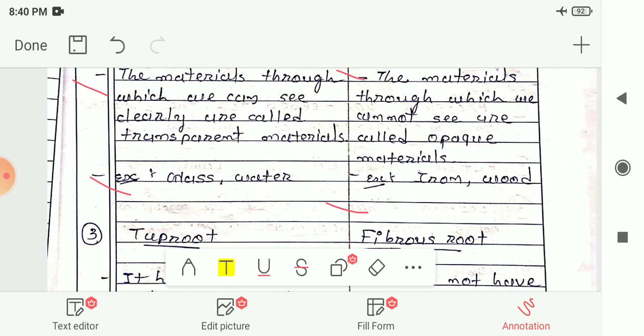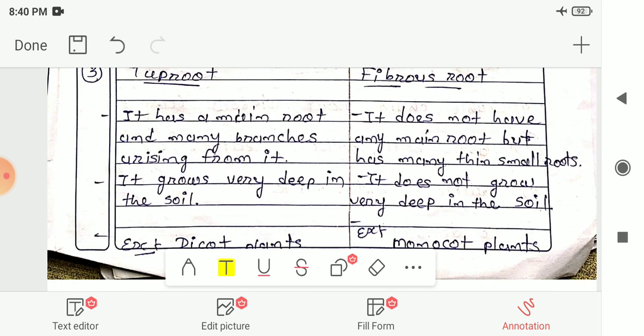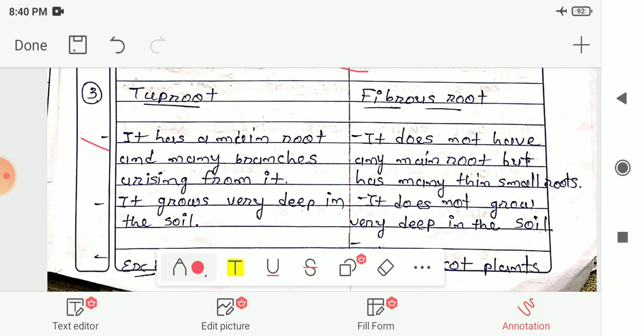The next difference is between taproot and fibrous root. Taproot has the main root and many branches arising from it, and the fibrous root does not have any main root but has many thin small roots. Taproots grow very deep in the soil, whereas fibrous roots do not grow very deep in the soil.